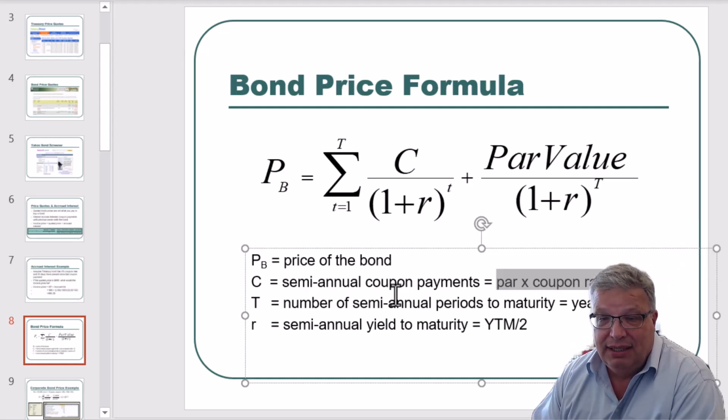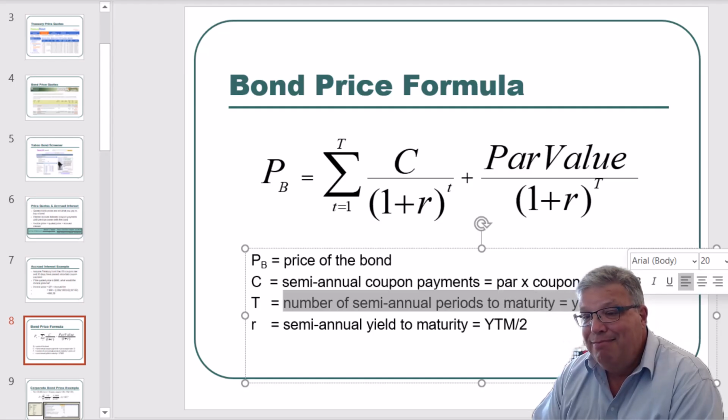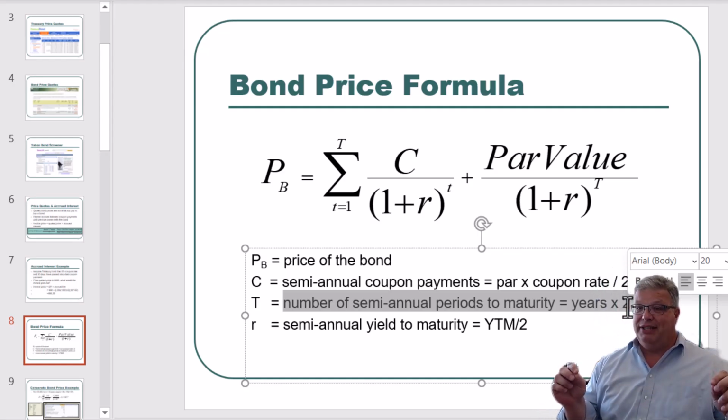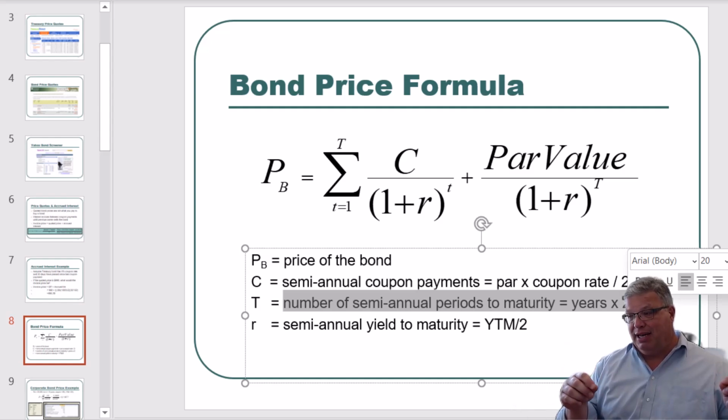To calculate the number of periods in the bond, you take the number of years and multiply by 2, because remember, from time value of money, the time period always has to align with when the cash flows come. And the cash flows on a bond come every 6 months, so a period has to be 6 months. So you take the number of years, multiply it by 2, and that gives you the number of 6-month periods.